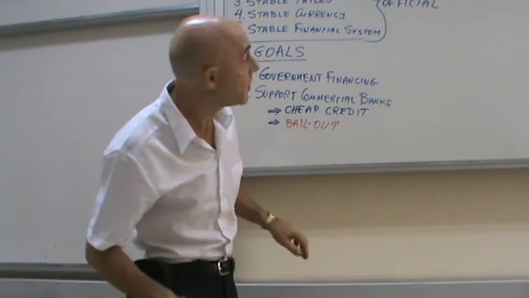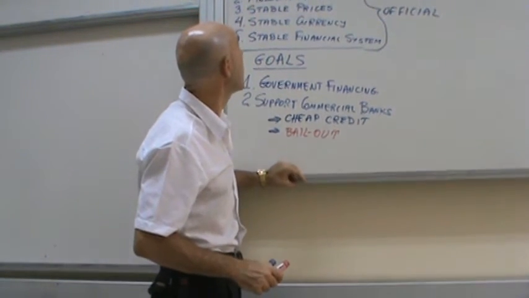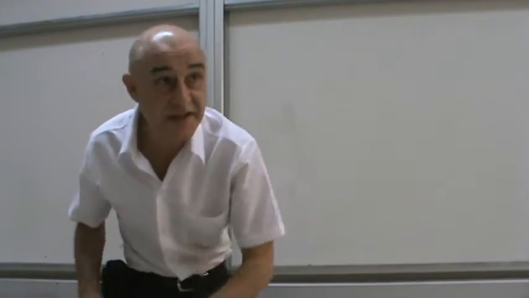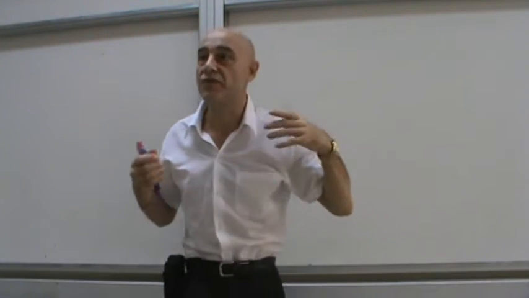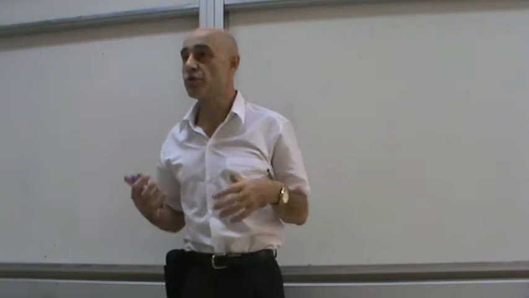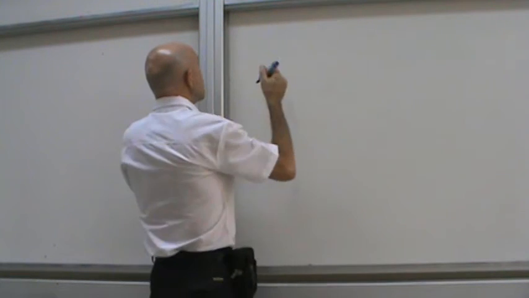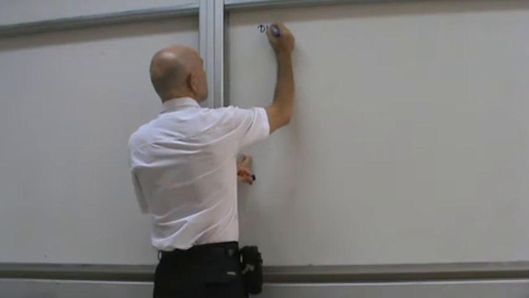Next, let's see what else we got. Discount credit. Now, the central bank will provide loans to commercial banks. So we call these discount loans.